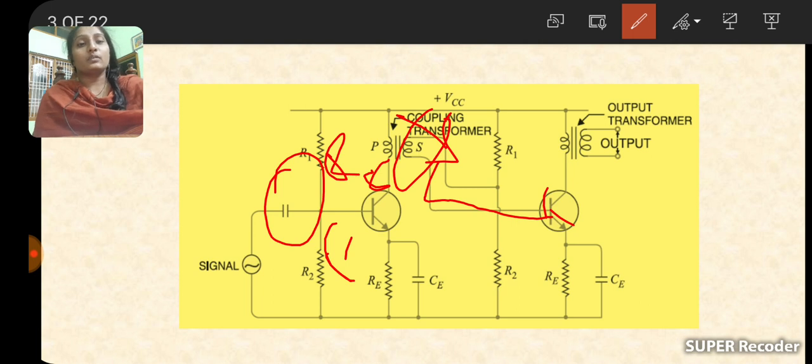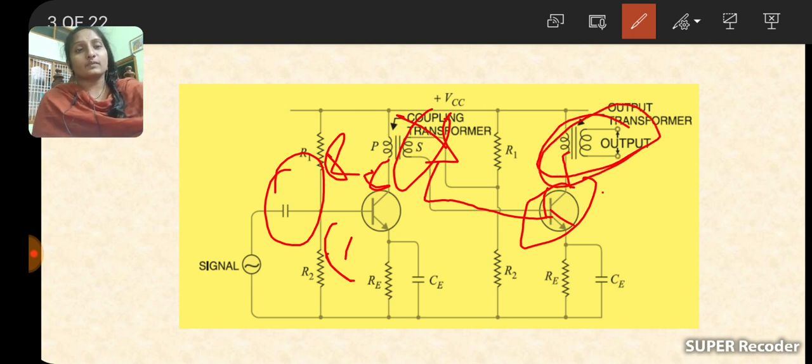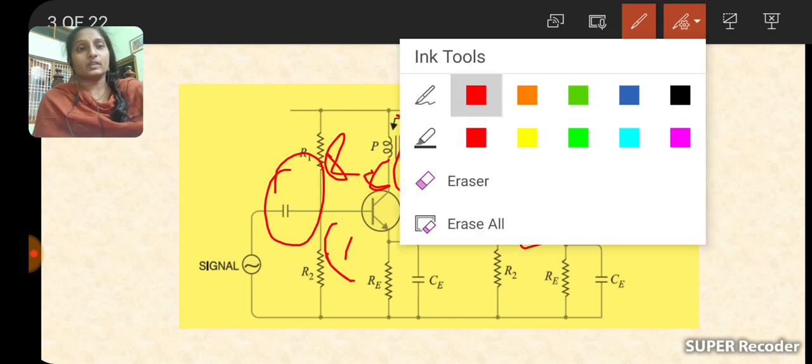Whatever voltage is transferred from the collector of T1 to the base of T2 is again amplified, its strength is again increased, and it is produced across the output transformer. From this it may be connected to the load or directly to another load. So this is about the construction and operation of the transformer coupled amplifier.